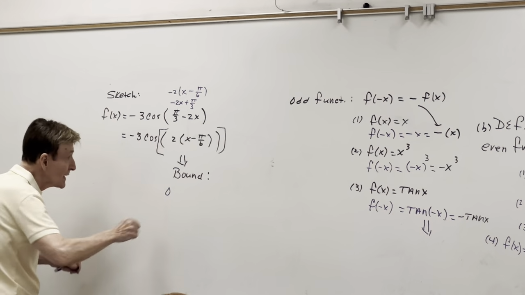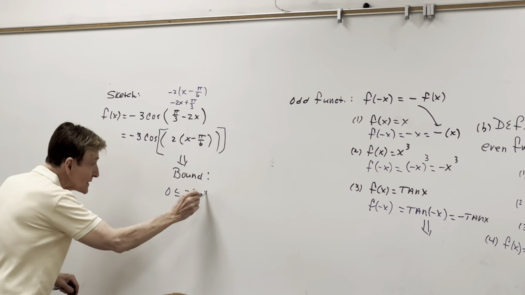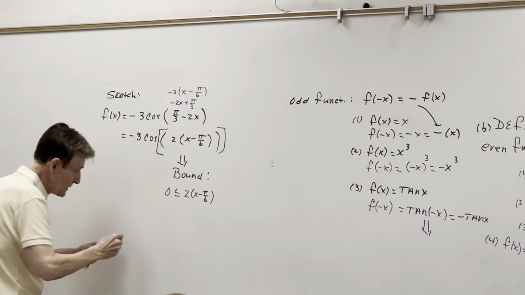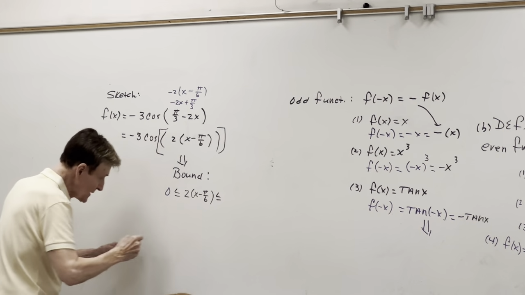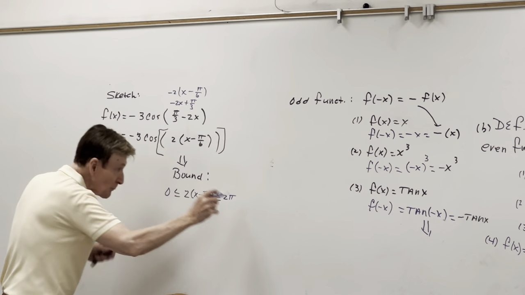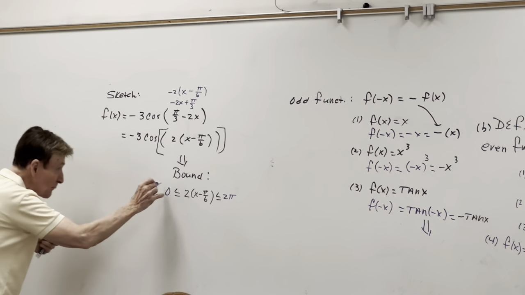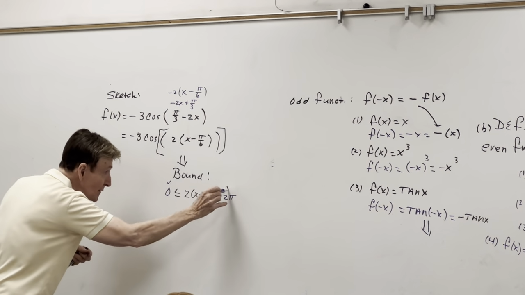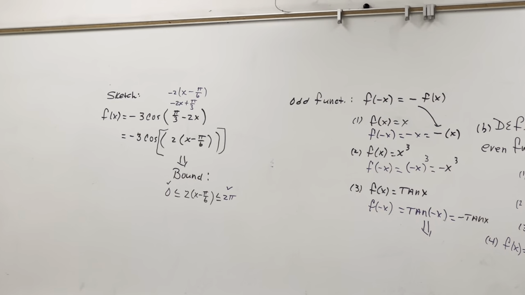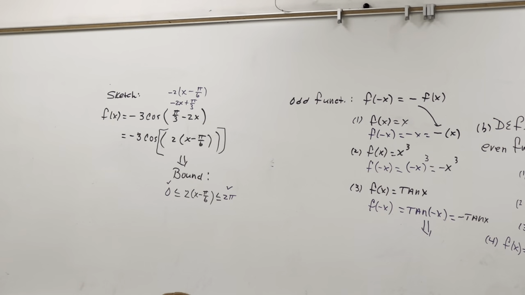I want the argument to be bounded, written like this, between 0 and 2 pi, because my parent cosine graph was bounded that way. You guys are right, these came from the cosine graph. So I want that argument caught between. Everyone with the rationale so far?